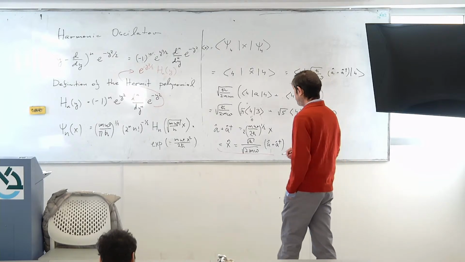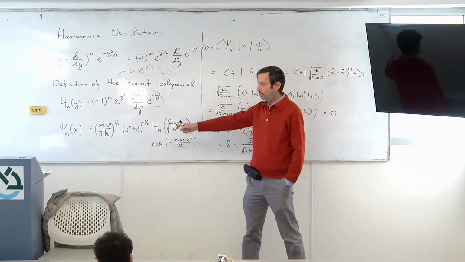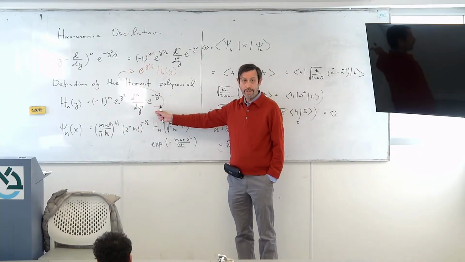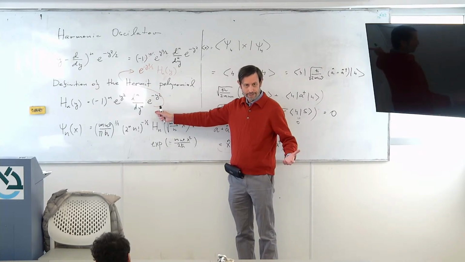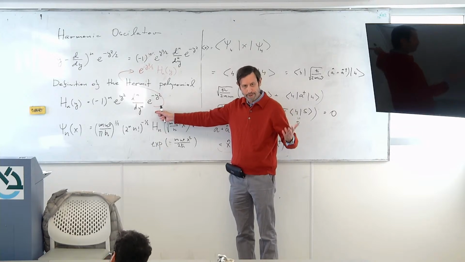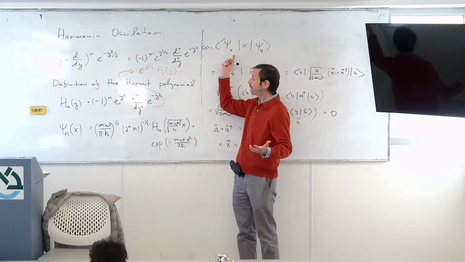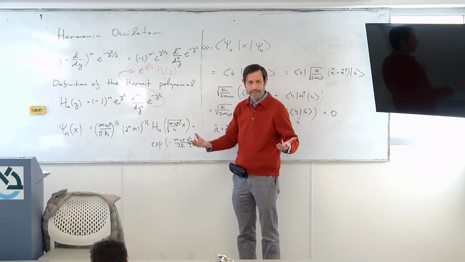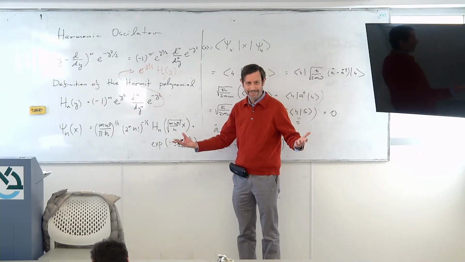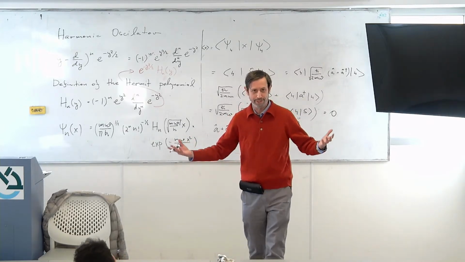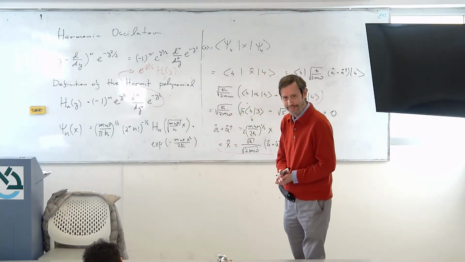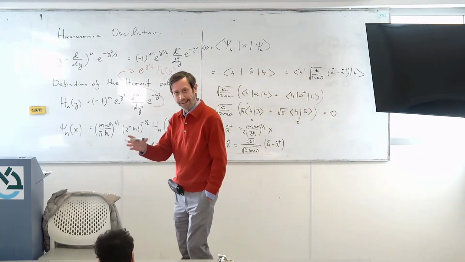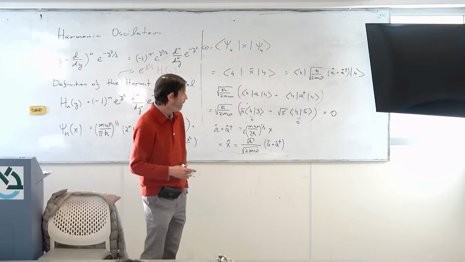If you're a good mathematician and don't know this, you know that this is either an even or an odd function. So an odd times an odd function is even, an even times an even function is again even, and you're multiplying it by x in the integral, so it must be 0. It's x times an even function. So if you're a good mathematician, again, you'll pull out the result immediately.